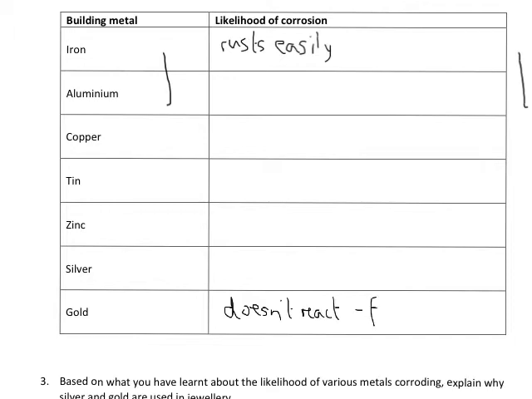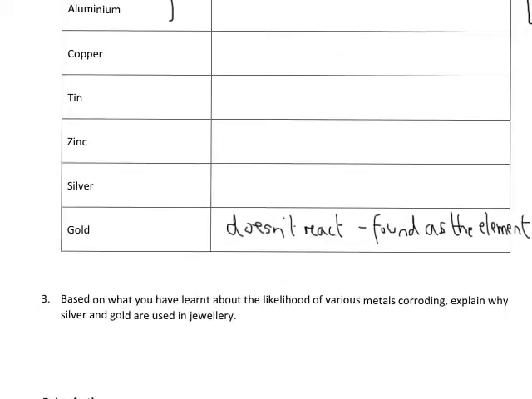It's found as the element. So gold's one end of the scale, iron might be at the other end. You've got to go and have a look at the other ones yourself.